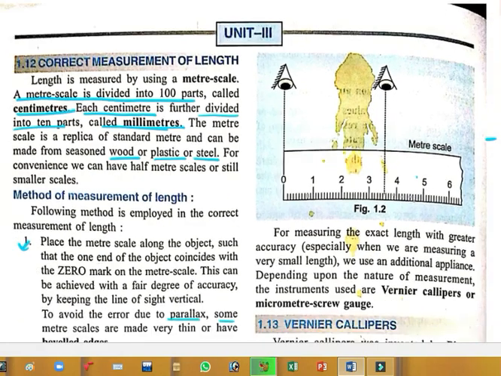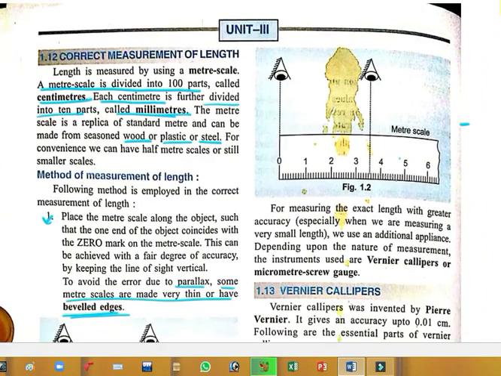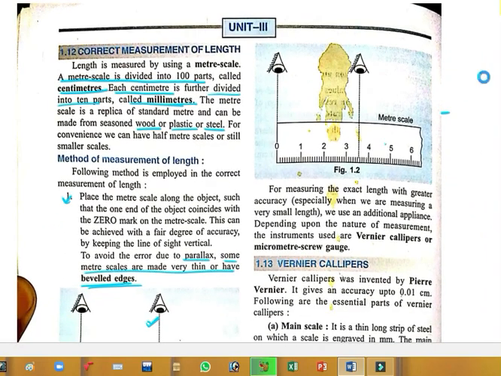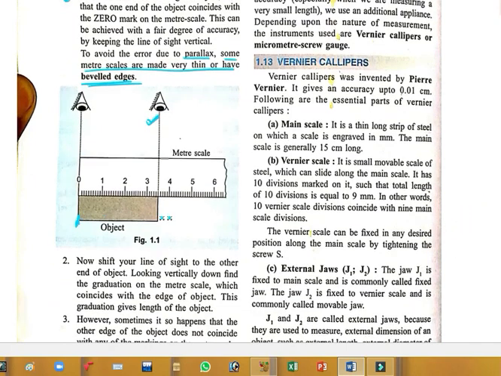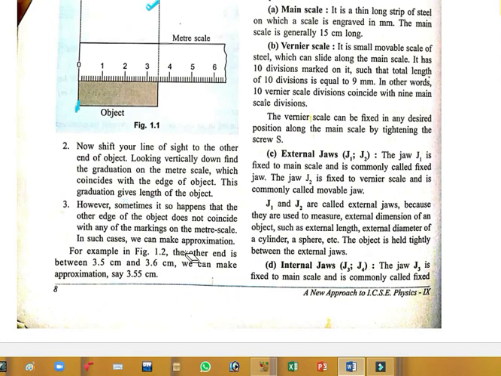So in such a situation, what do we do? We make an approximation. These are the two lines of the meter scale, and the line of sight is either in the middle or towards the left or towards the right. In this way we can take the approximation. So for example, in that figure 1.2, the other end is between 3.5 and 3.6.